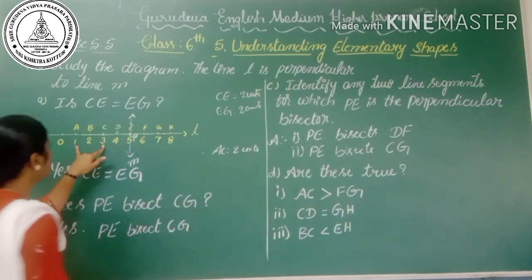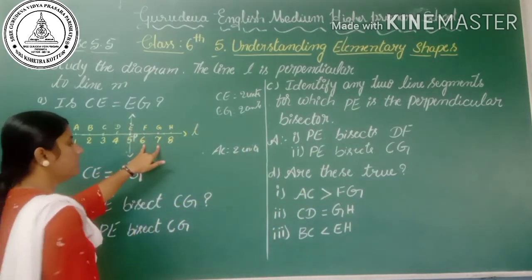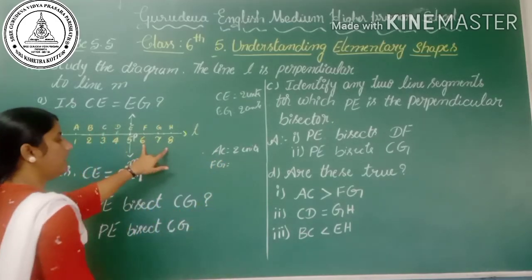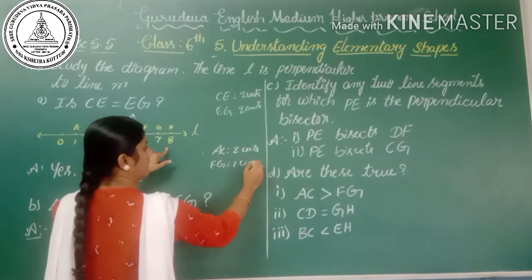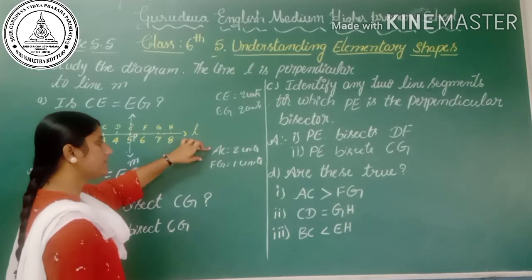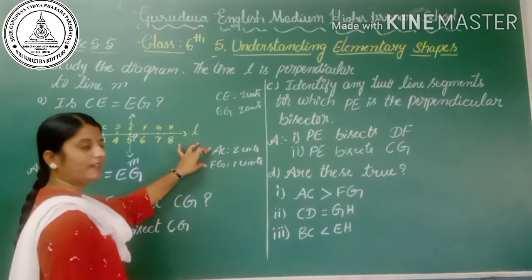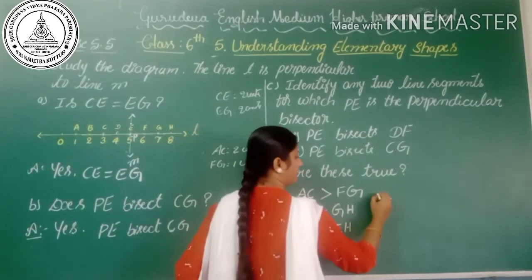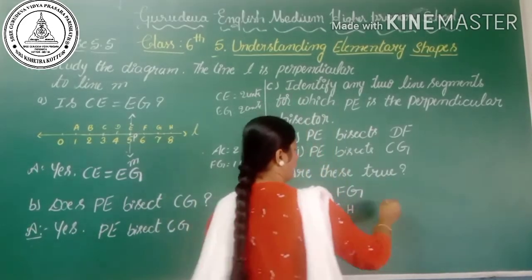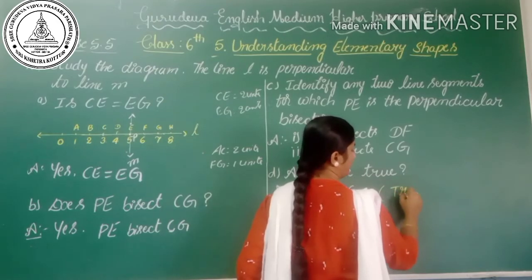Then FG, the distance between F and G is 1 unit. Then AC is greater than FG, so it is true. In the bracket you write true.